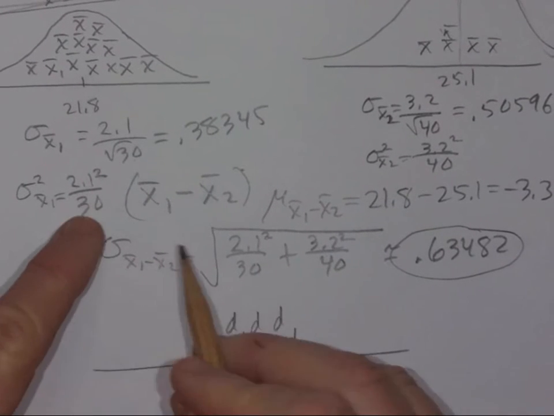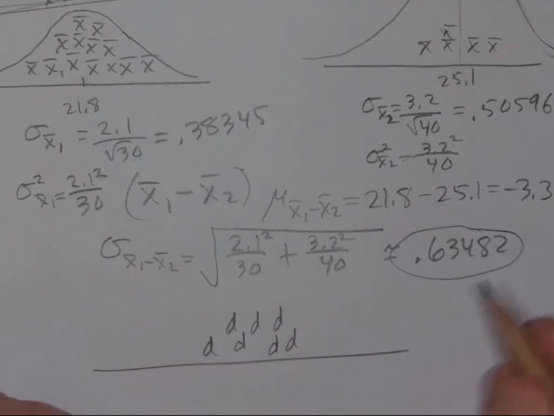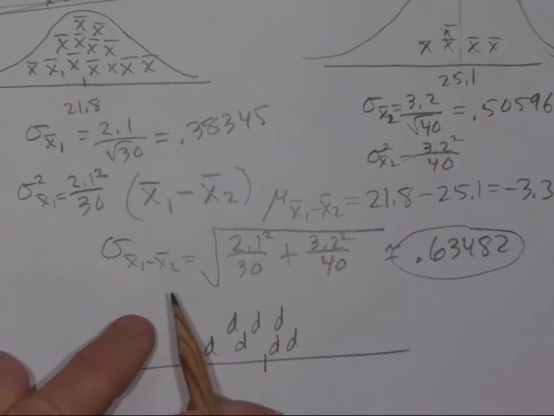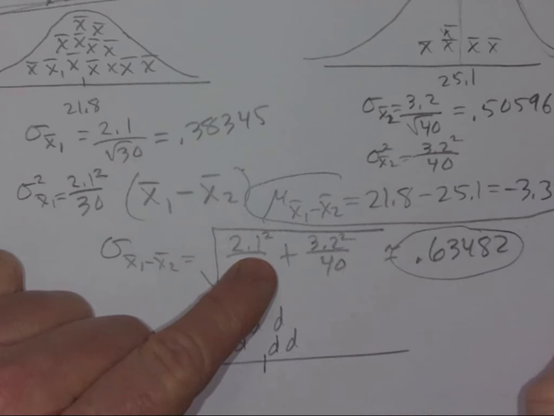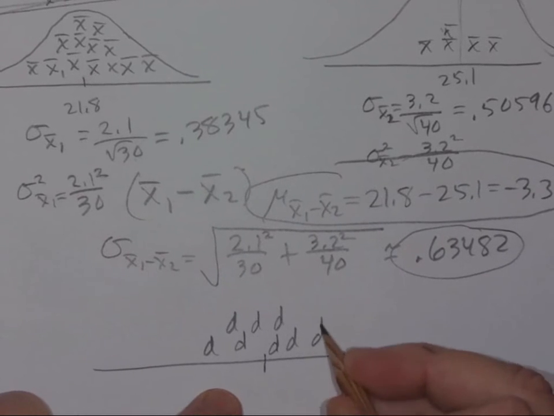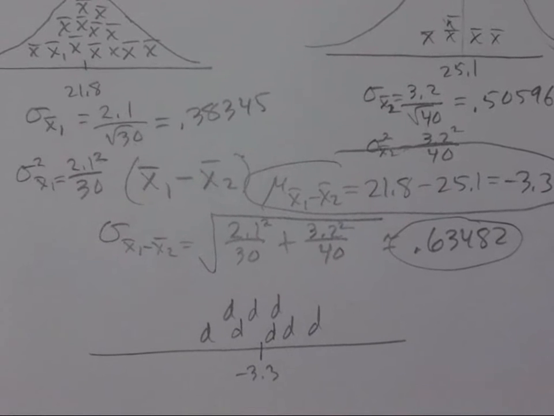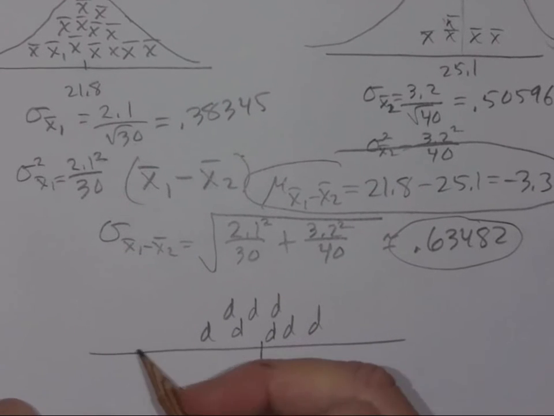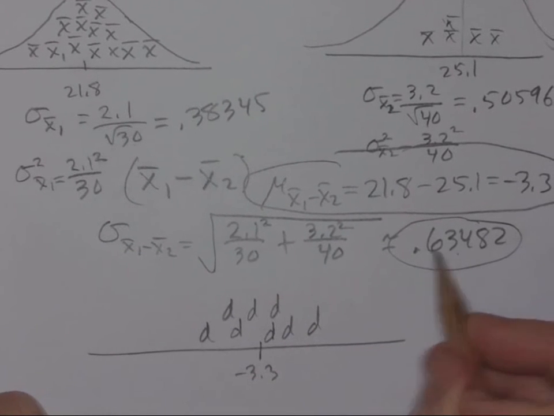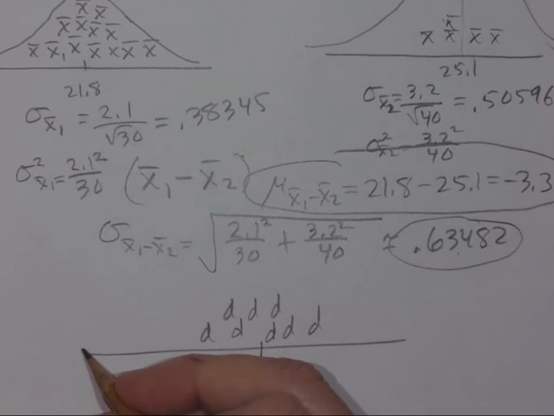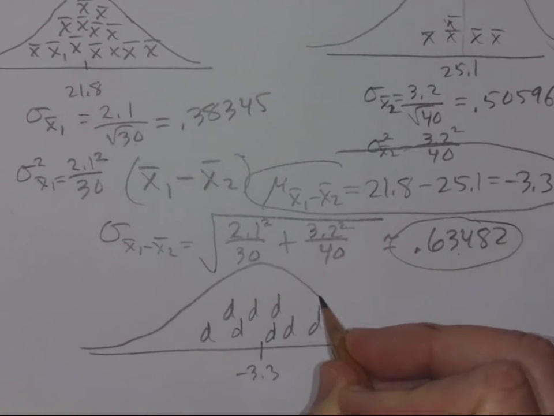And what this is saying is the average of the differences, the mean, these differences will be centered at negative 3.3. And then their standard deviation would be that. We found that. And they will be approximately normal.